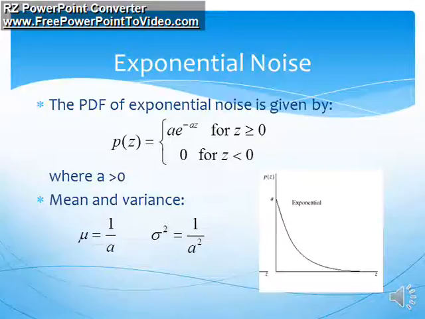The corresponding plot for exponential noise is also given in the diagram on the right side. So hope you have seen. We should move forward to the next slide for the next topic.